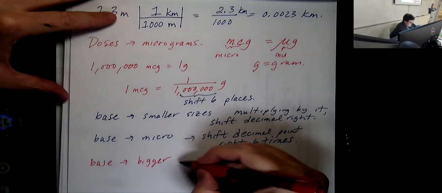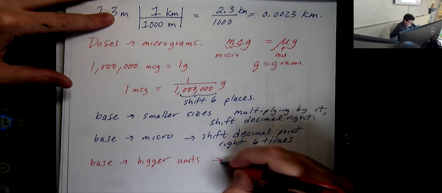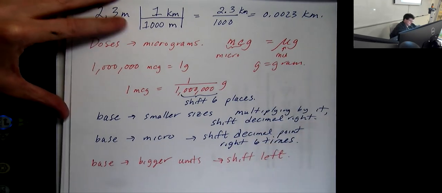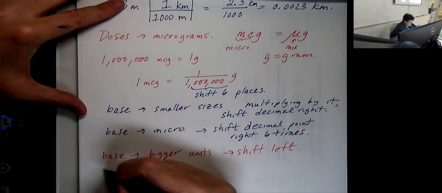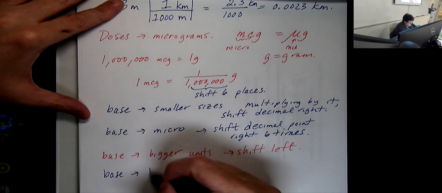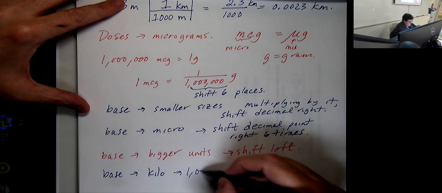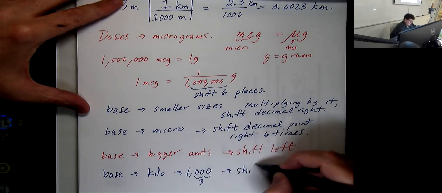For bigger units, we shift left. So if I want to go from base to kilo, kilo is 1,000. It's got 3 zeros. We're shifting left 3.